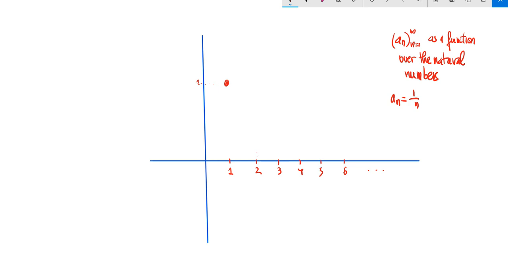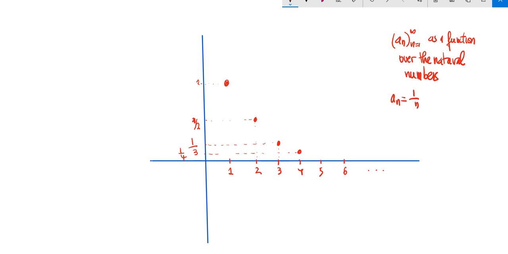a2 is, let's say, 1/2. So that's the second term of our sequence. a3 is 1/3, so this is 1 over 3. Then 1 over 4, and so on.